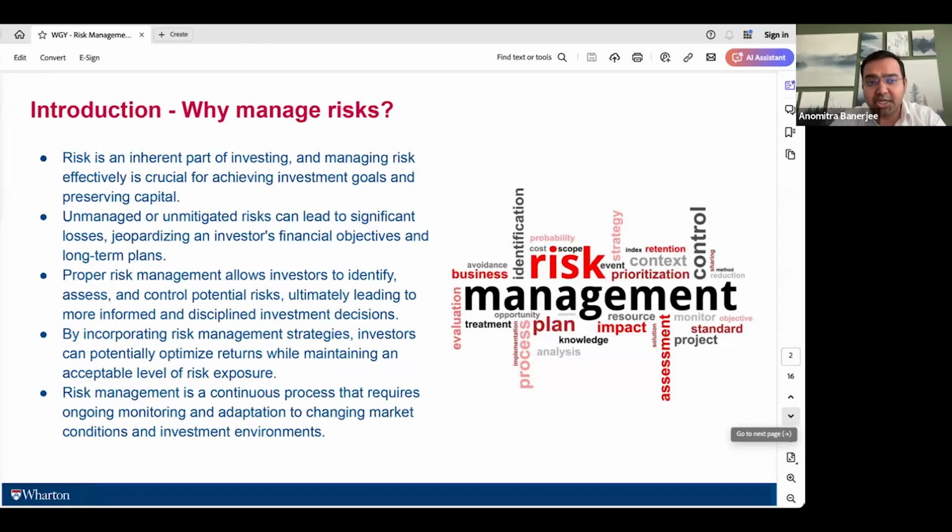If you are not managing it properly and the risks are not mitigated properly, it can lead to significant losses, and it would really hinder you from reaching your financial objectives and goals as an investor.